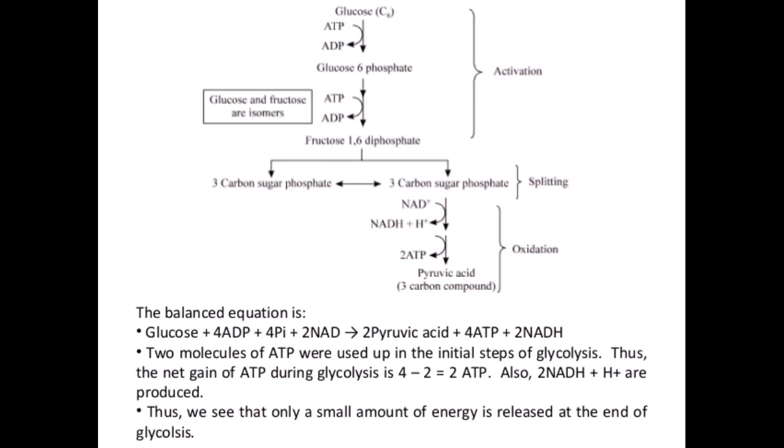Then fructose 1,6 diphosphate breaks into two molecules of 3 carbon compound, and that finally changes into pyruvic acid by releasing hydrogen.